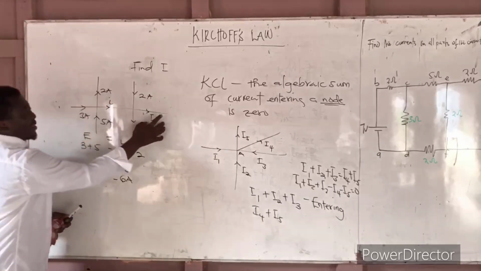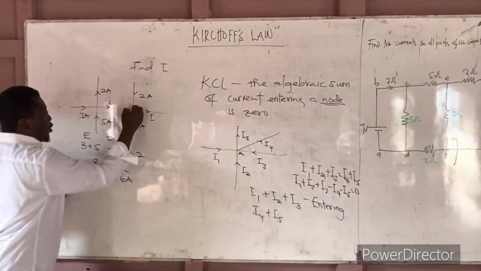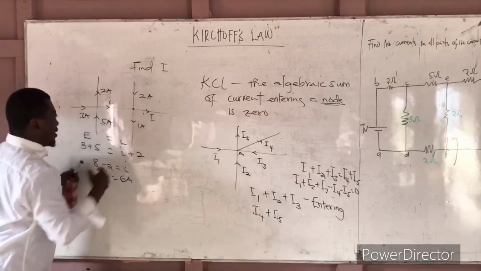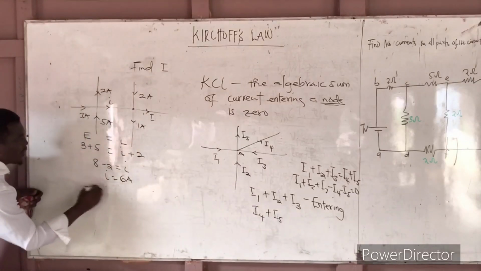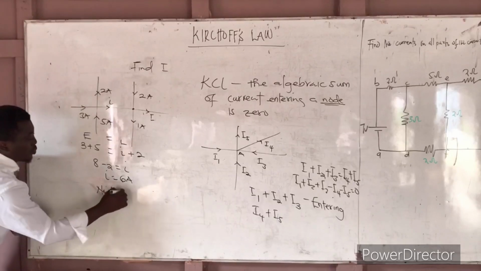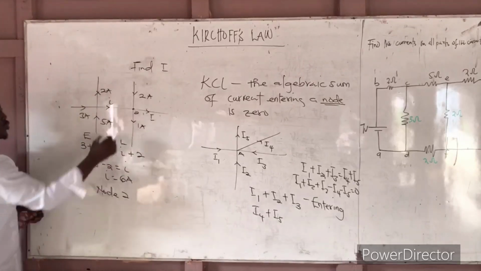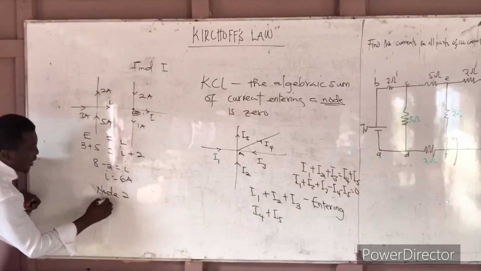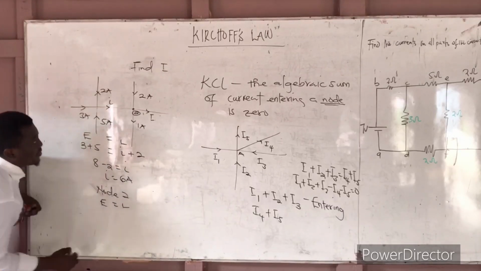After getting the 6 ampere for the small i, now we can come back to this. On this node, you can see that this is entering, this is leaving. This is node 2. At node 2, current entry must be equal to leaving.